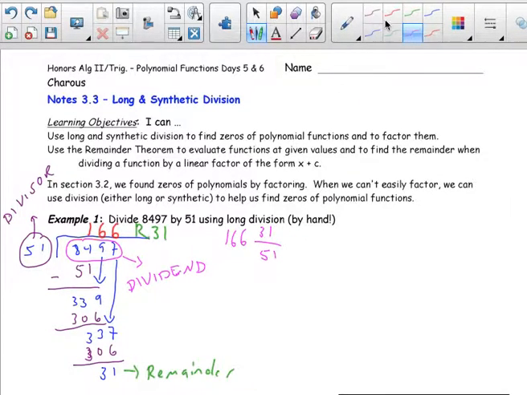And the answer that we get, this whole number answer part, is called the quotient. And we've already mentioned that 31 is the remainder.